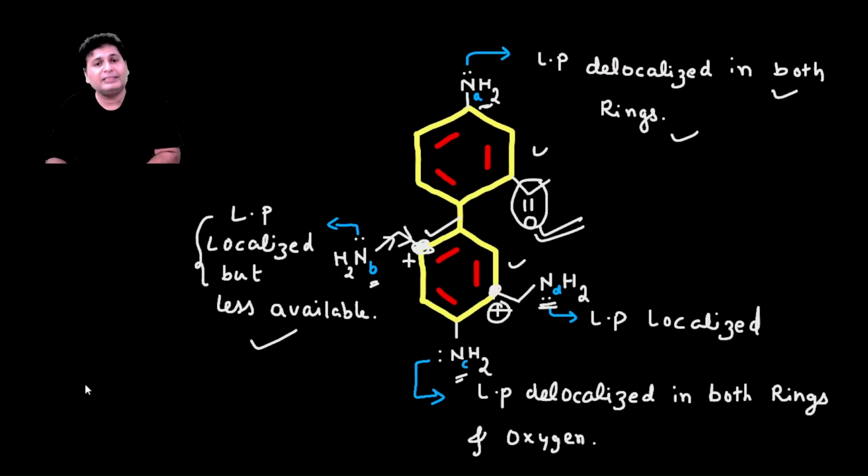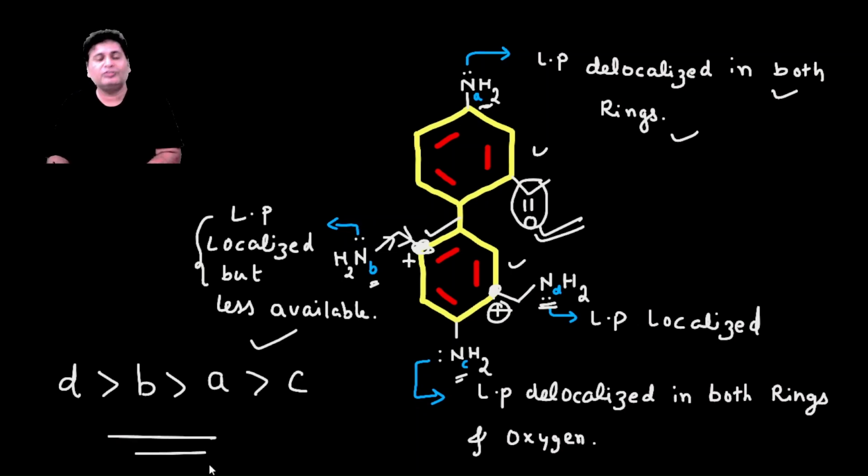The highest availability is with D, then will come B, and then A, and the least available is C. So this is going to remain the basicity order based on availability of electrons.